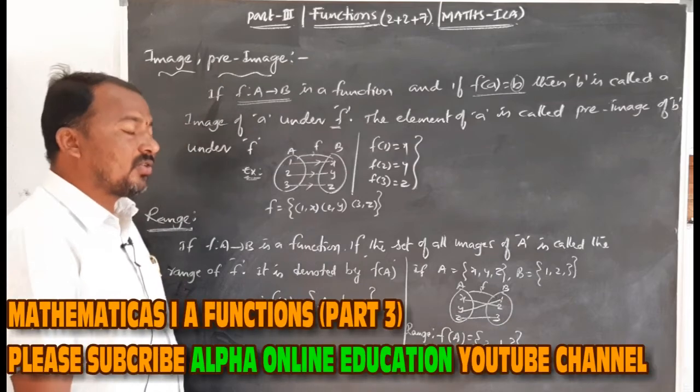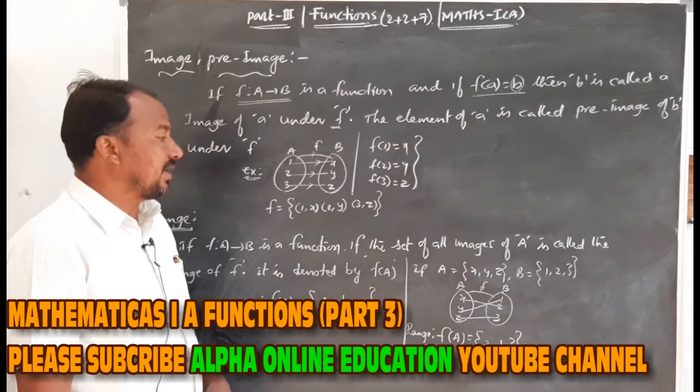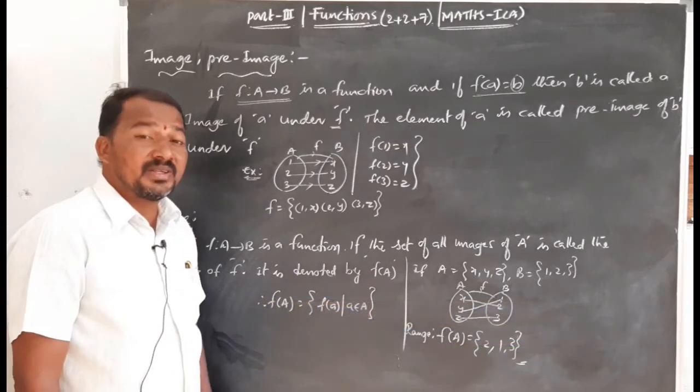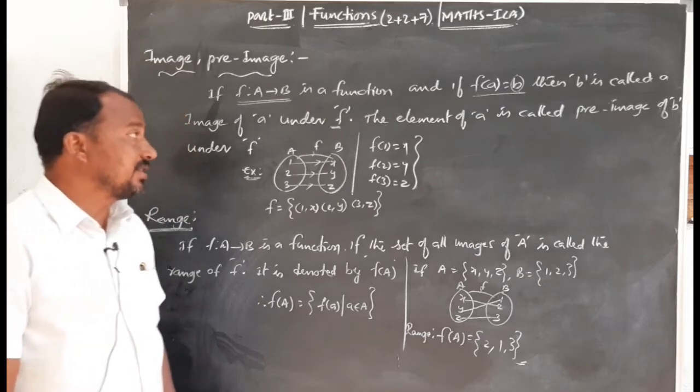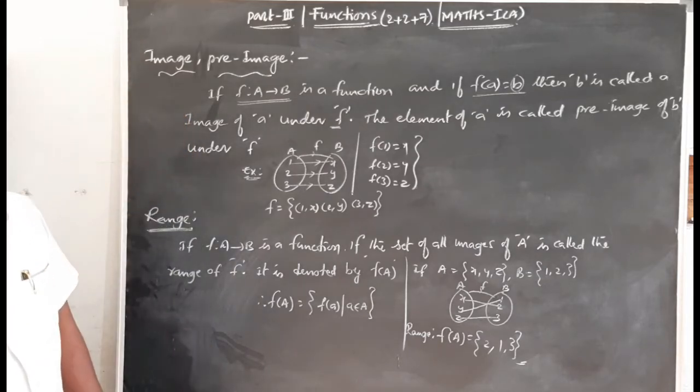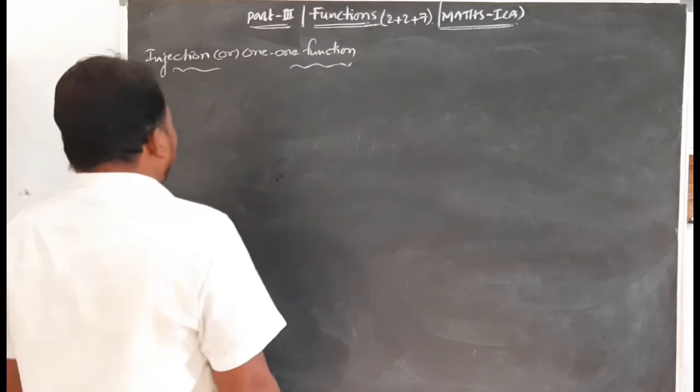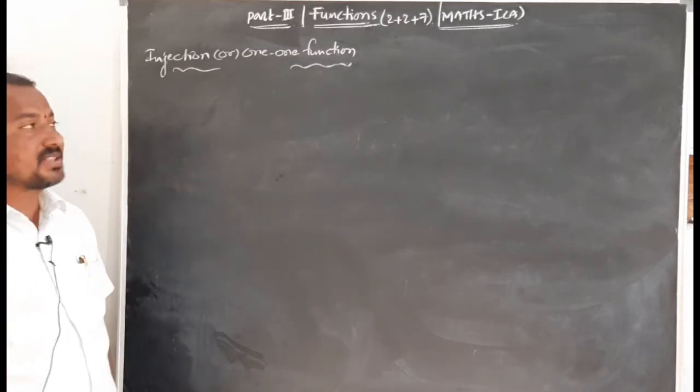Understood? The set of all images is called the range of f.